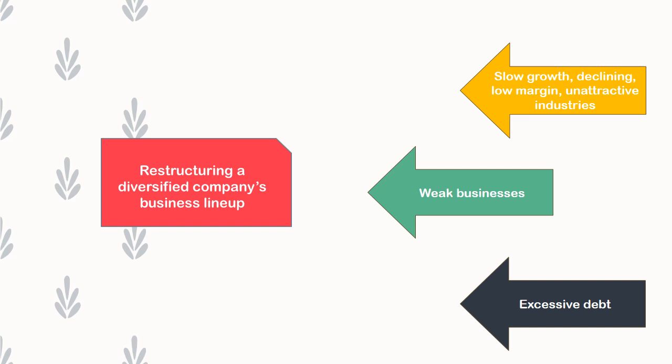A corporate restructuring involves radically altering the business lineup by divesting businesses that lack strategic fit or have poor performance and acquiring new businesses that offer better promise for building shareholder value.